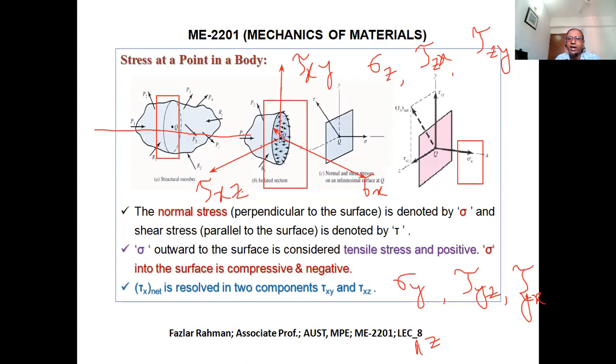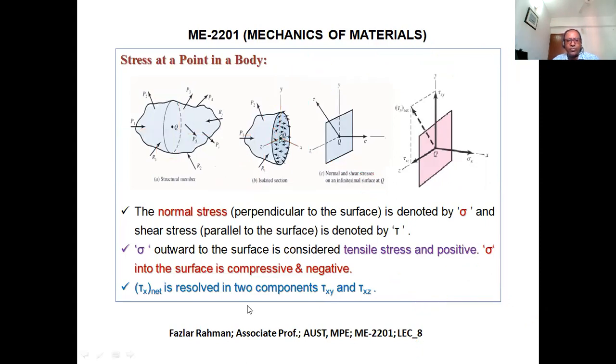That means a total of 9 stresses are working through a point. For example, this Q, point Q. You can look at point Q if you divide it along this direction.